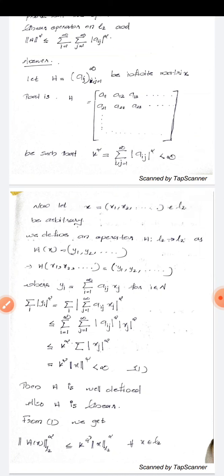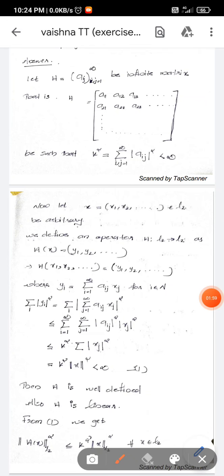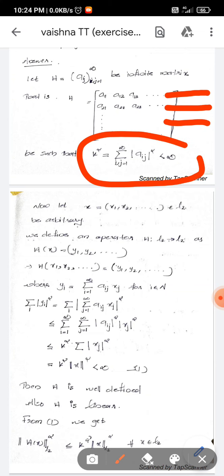Then we know that A is an infinite matrix, Aij, i, j equal to 1 to infinity. We write A as the matrix with entries A11, A12, A13, A21, A22, A23, A31, A32, A33, etc. Let K squared be equal to the sum over i, j equal to 1 to infinity of the absolute value of Aij squared, which is less than infinity.